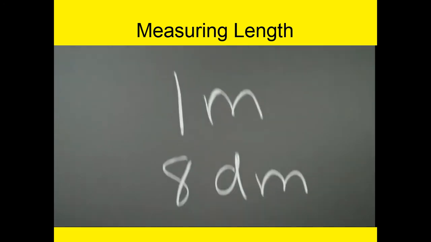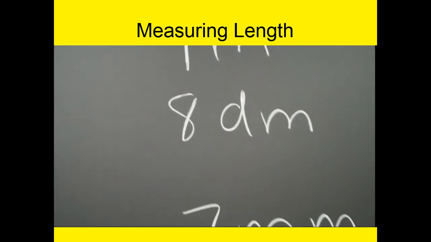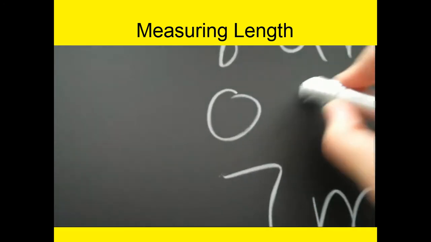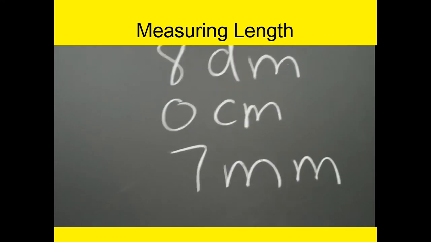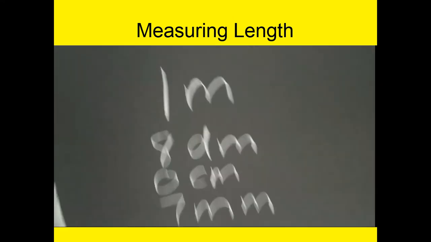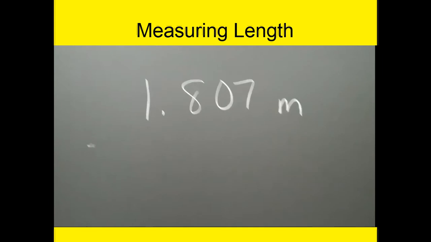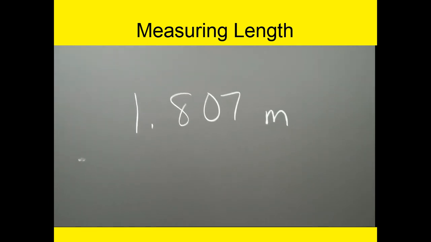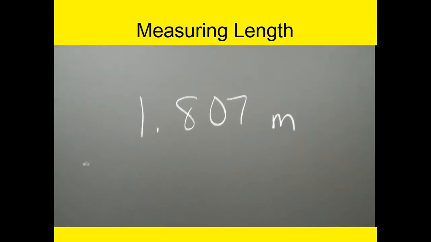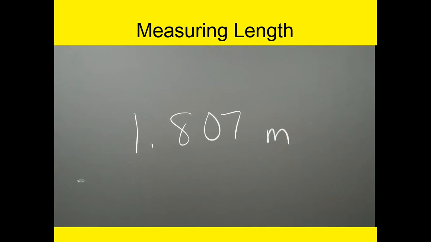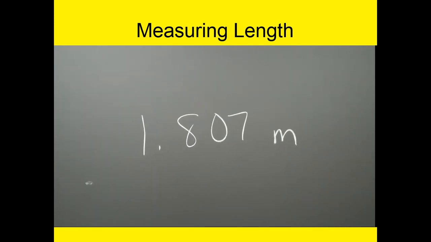Notice, I have 1 meter plus another 8 decimeters plus no more whole centimeters plus 7 millimeters. This distance appears to be 1.807 meters. This is how you measure on your measuring distance paper when it asks you the distance of the classroom and the distance of your desk.